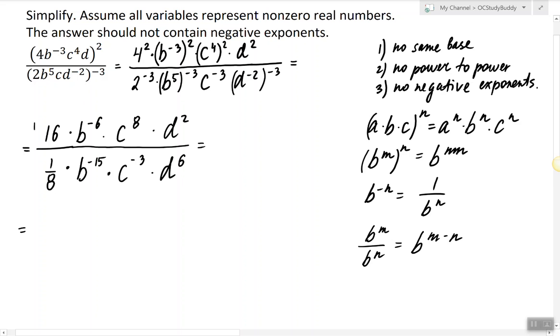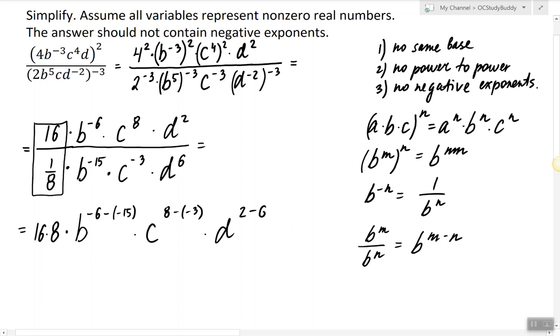Also, we're going to look at these coefficients separately and deal with them as we normally deal with fractions. So 16 divided by 1/8 is actually the same as 16 times 8. And now, next we're going to have b raised to the negative 6 minus negative 15, c to the power 8 minus negative 3, and d to the power 2 minus 6.